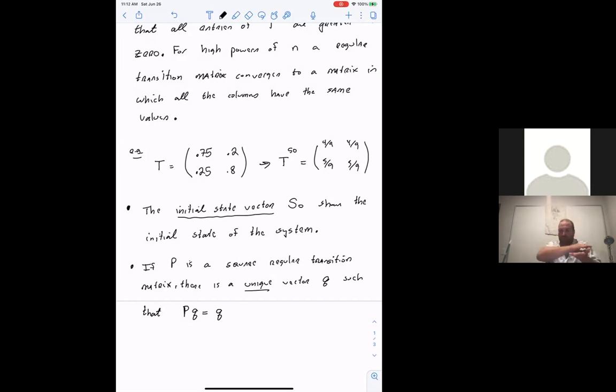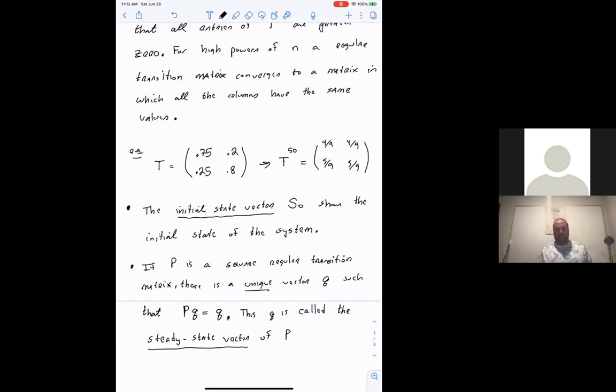I'm going to be there forever. So I transition back to the same state. So if I take my transition matrix P and I act it on my steady state, that's by the way what it's called. This Q is called the steady state, or the, because it's unique, is called the steady state vector of P.